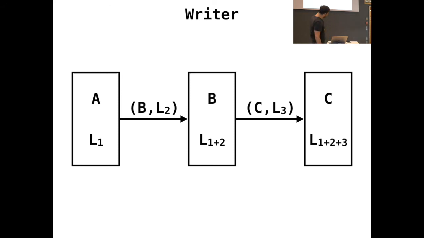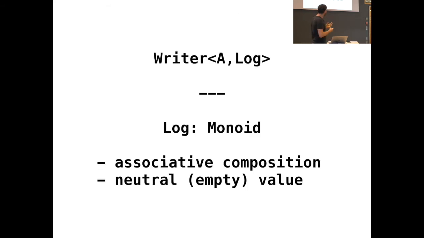So writer can be used when we want to represent computations in which we want to carry over some additional information, okay? One classic use case, but this is not the only one, is logging. Instead of logging to the console, we could add this log as the additional type of the writer.